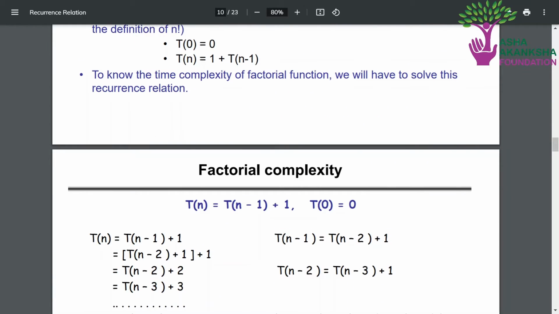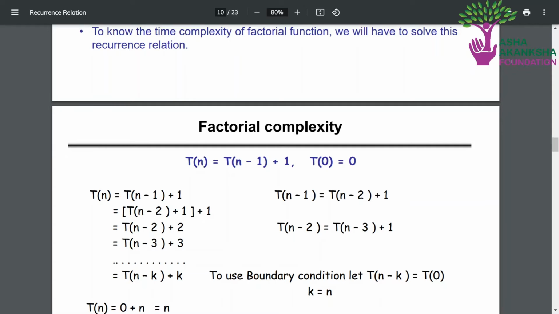Now we will solve this recurrence relation, that is T of n is equal to T of n minus 1 plus 1, given that T of 0 is equal to 0. This is the base condition, so we have to consider this also. If we expand this, T of n is equal to T of n minus 1 plus 1, we can change n to n minus 1 and get T of n minus 1 is equal to T of n minus 2 plus 1, and we can substitute this value by the expanded one, which gives us this result.